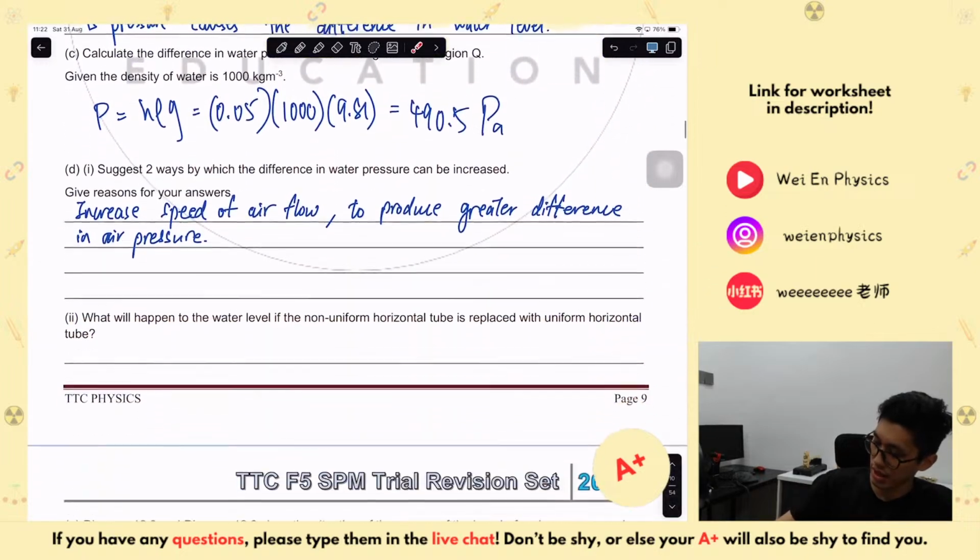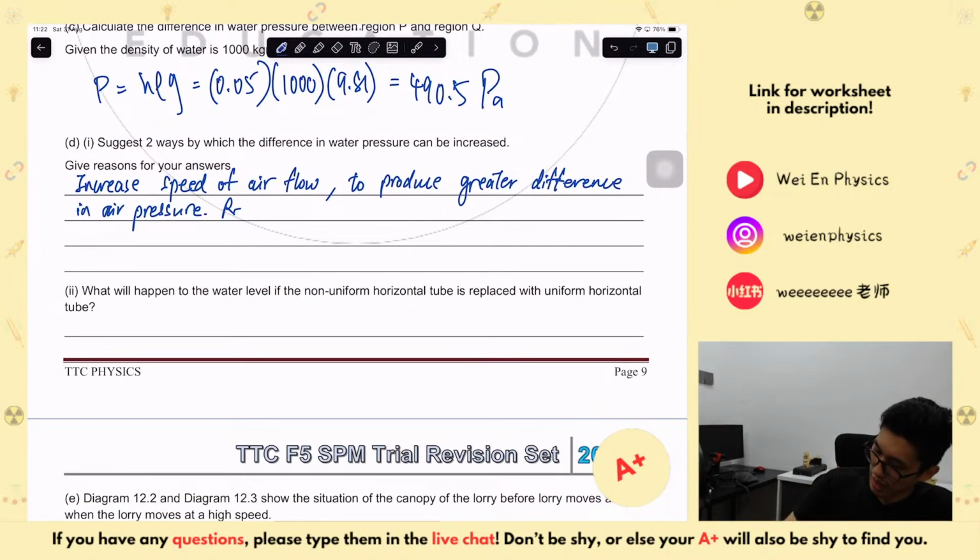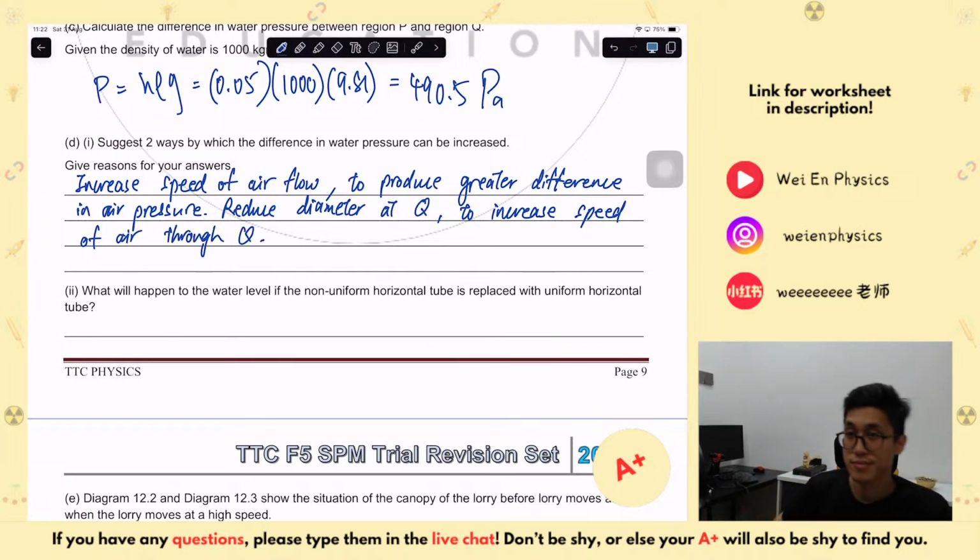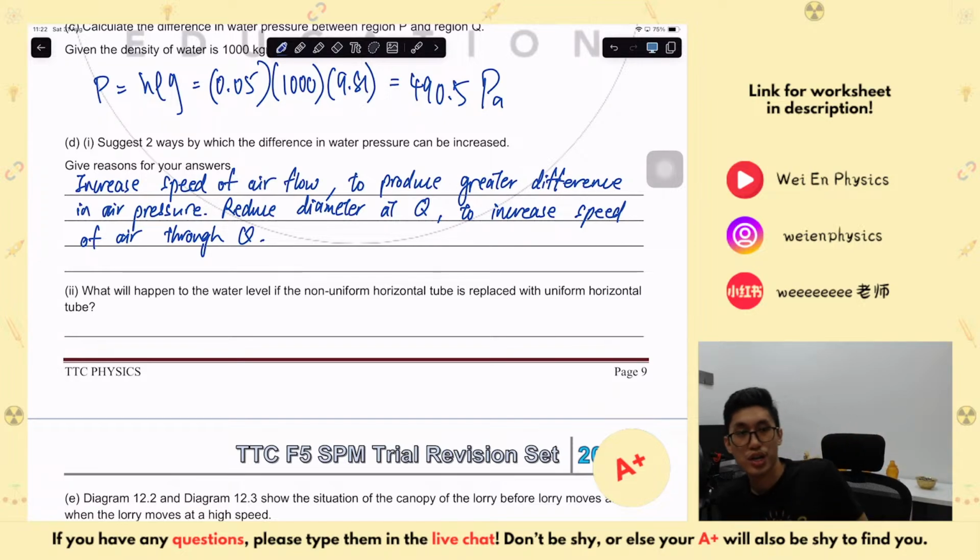So you can say reduce diameter at Q, to further increase the speed of air through Q.